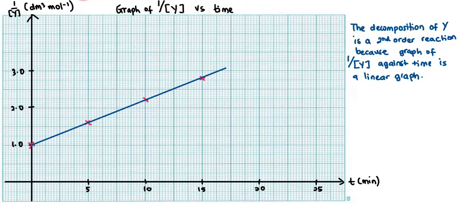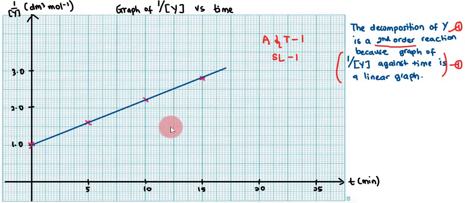Okay, so dekat sini, biasanya awak akan dapat markah, axis and title, satu markah, the straight line, satu markah, dan awak cakap dia adalah second order, satu markah, dan juga the reason dia adalah second order sebab graph ini memberi awak linear graph. Okay, 4 markah.